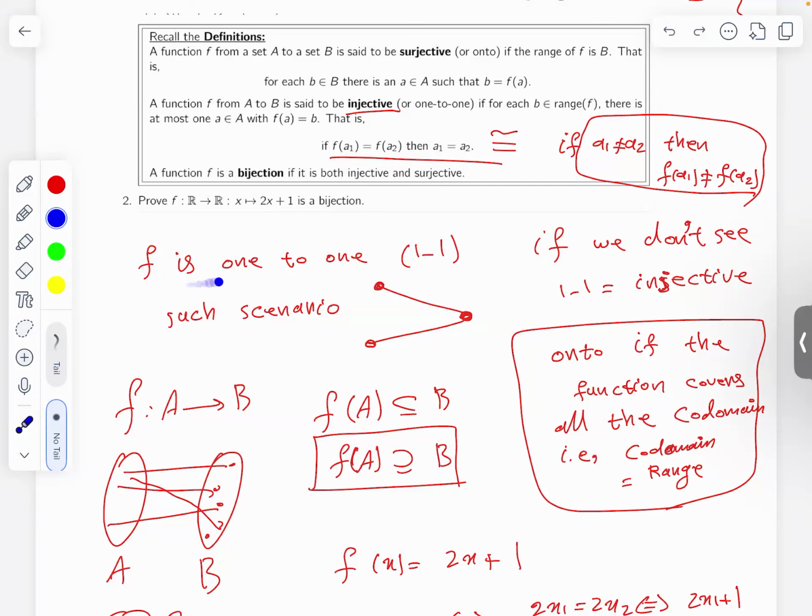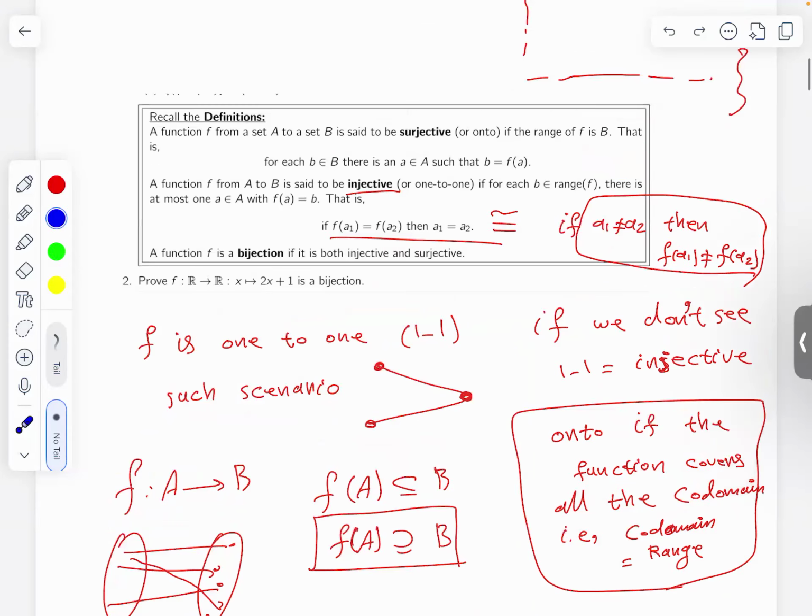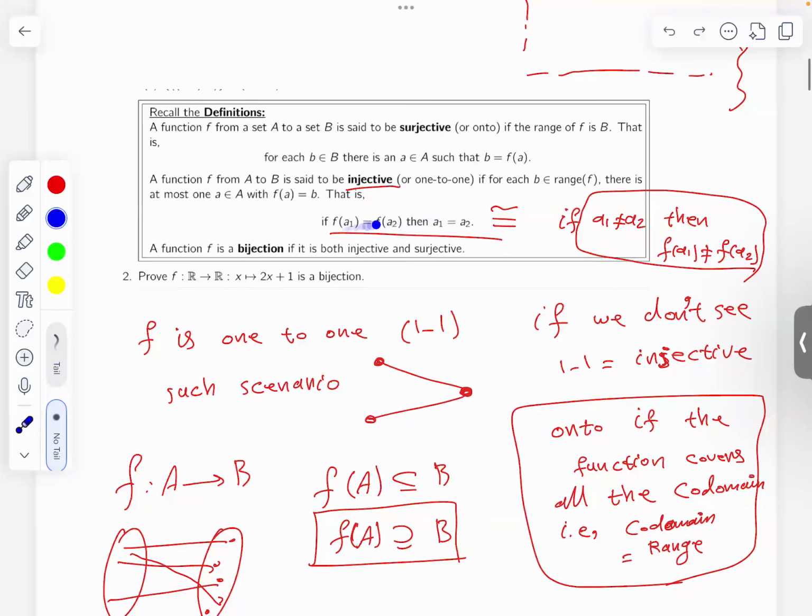F is one-to-one. You can see this definition here: if f of A1 equals f of A2, then A1 should be equal to A2. But don't worry about this one. This is the algebraic or mathematical definition. F is one-to-one if you don't see such a scenario.